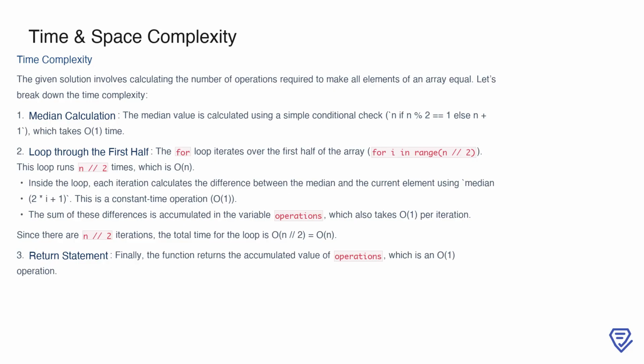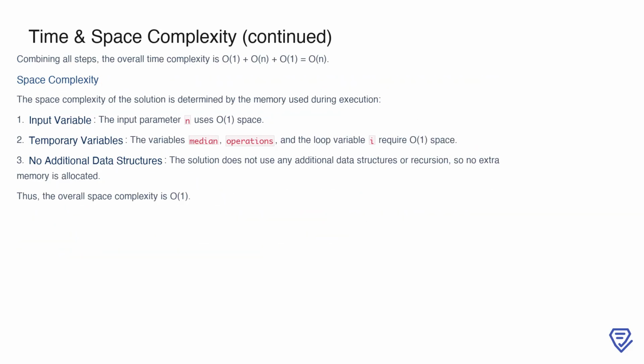Additionally, we sum these differences into a variable, which again takes O(1) per iteration. Since the loop executes n divided by 2 times, the total time for this step is linear, or O(n). Finally, the return statement, which simply outputs the accumulated result, is another constant time operation, O(1). When these steps are combined, the overall time complexity of the solution becomes O(1) plus O(n) plus O(1), which simplifies to O(n). Combining the time complexity analysis, we see that the dominant term is O(n) due to the loop, so the overall time complexity is linear.